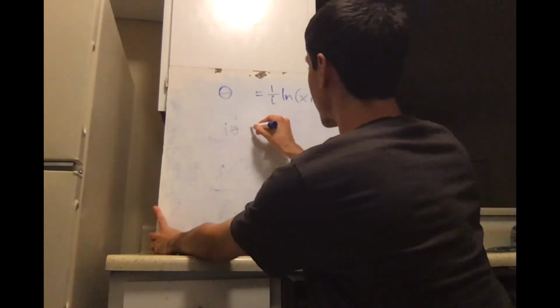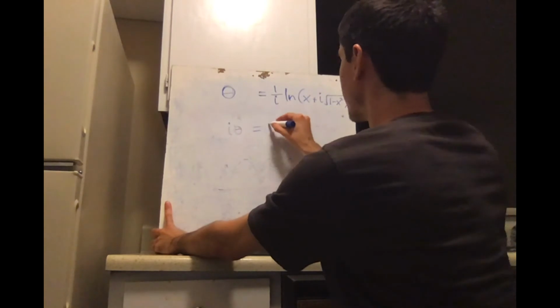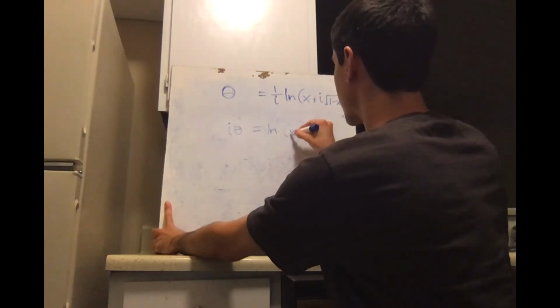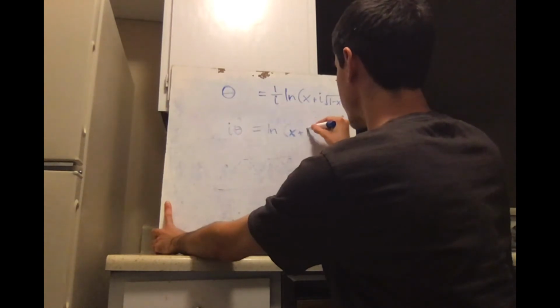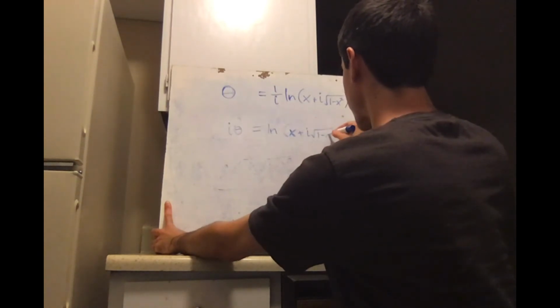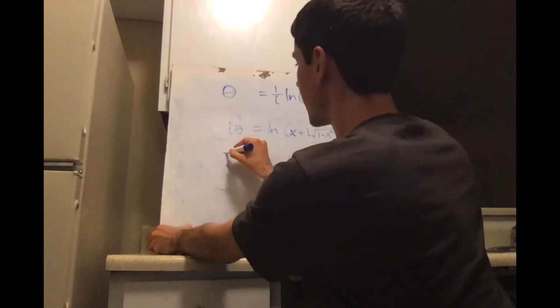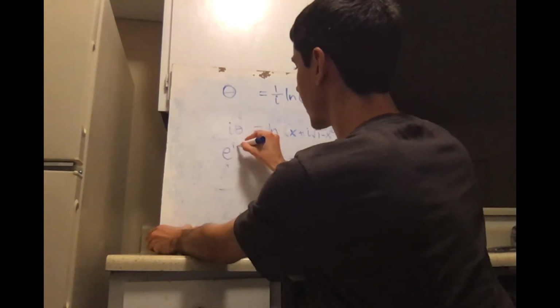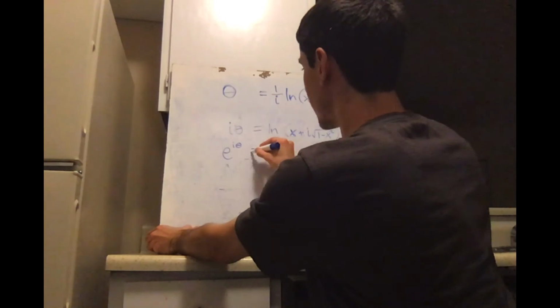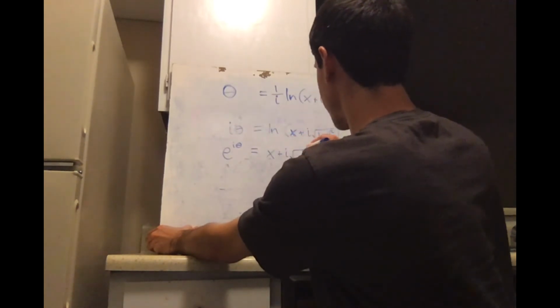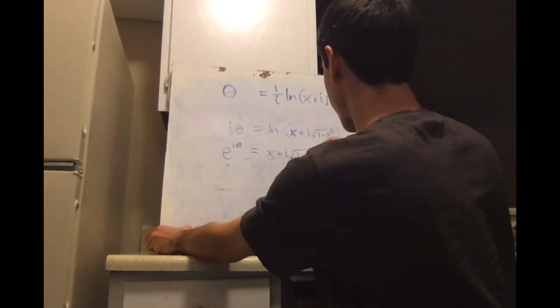So we just have i theta equals the natural log of x plus i square root of 1 minus x squared. And then e to both sides, so e to the i theta equals x plus i square root of 1 minus x squared.